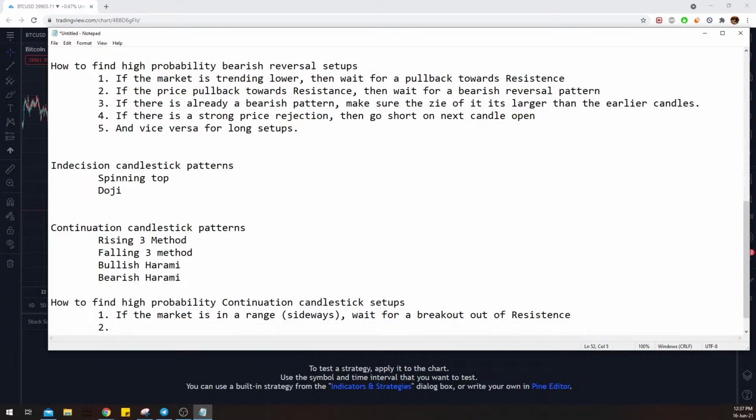The second one is if the market breaks out the resistance, wait to form a continuation candlestick pattern.